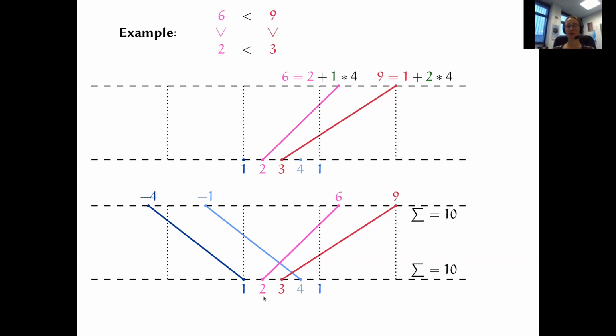So here the sum of the 4 numbers is 10. It means that upstairs you need 10 as well. And the neighboring numbers which give 3 and 4 modulo 4, and which sum up with 6 and 9 to be 10, are minus 4 and minus 1. So it's an elementary computation. It means that you need to draw the lines like this.